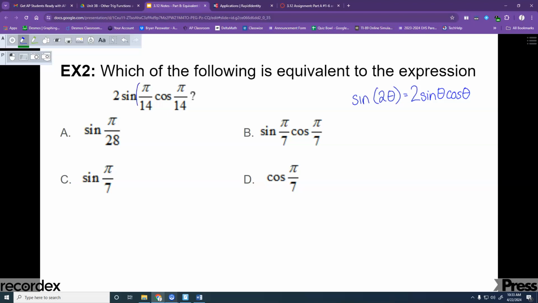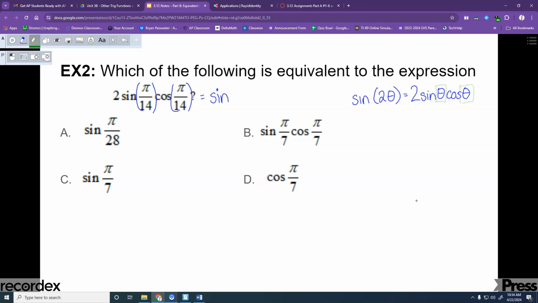So in this case, your pi over 14 is your theta, right? So this would be equal to sine of, not pi over 14, what would it be? So like right here, what they've given us is, we know these two angles right here, right?